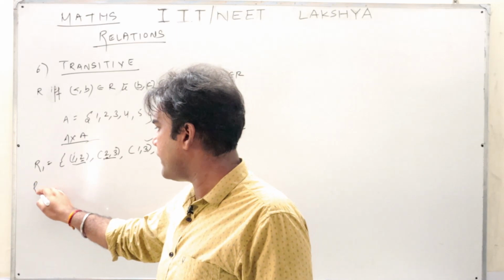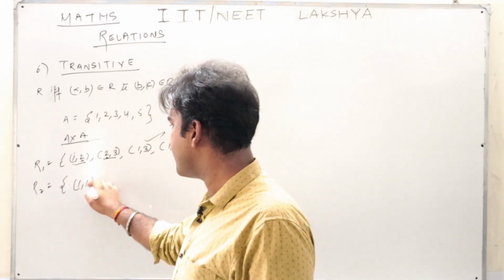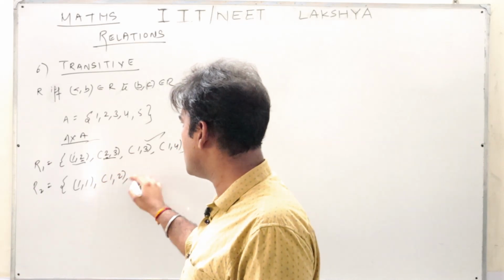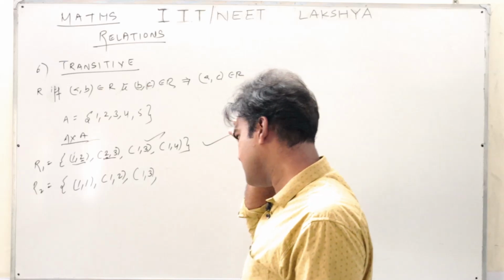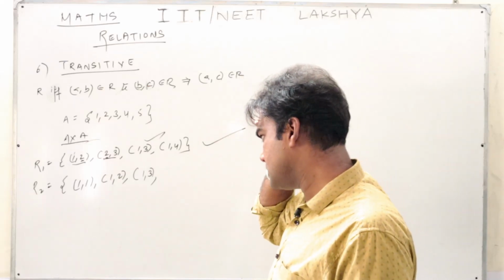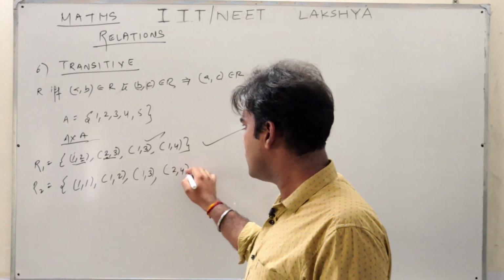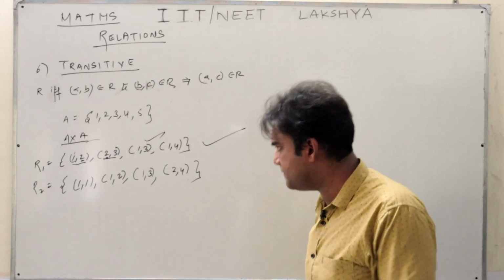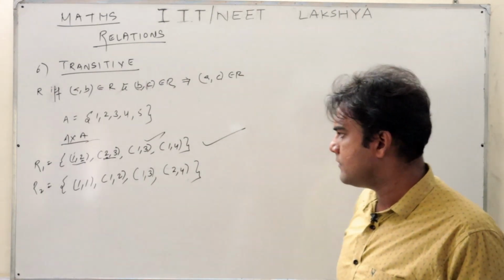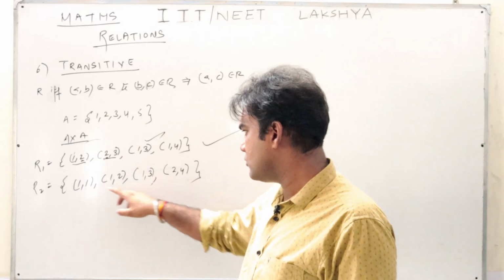Let us see one more relation: 1, 1; 1, 2; 1, 3; 2, 4. Let us see this relation. 1, 1 is there, 1, 3 is there, so 1, 3 should be there.